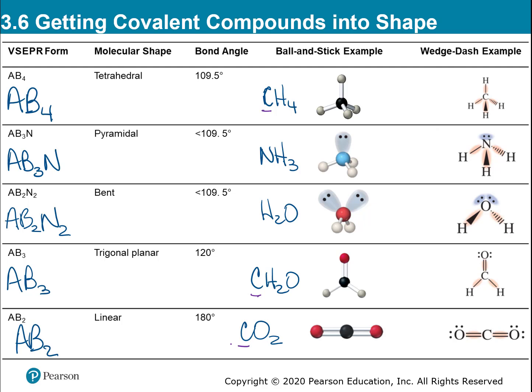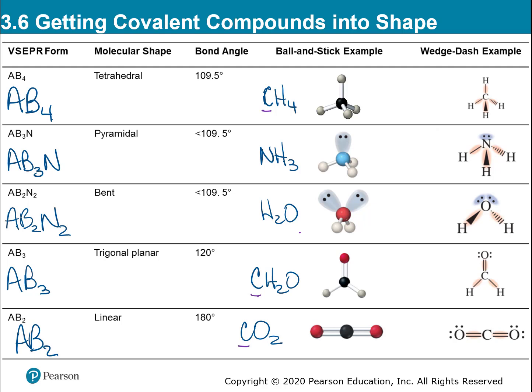If nitrogen is in that central atom space, it's always going to have a single N because it's got a non-bonding pair of electrons. If oxygen's the central atom, it's going to have 2 N's because it's got 2 pairs of non-bonding electrons, which creates that bent shape. So you may want to put what the ABN number is, what the shape is, and then maybe an example.